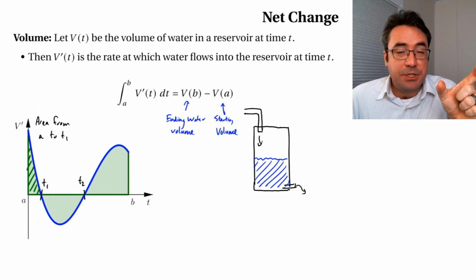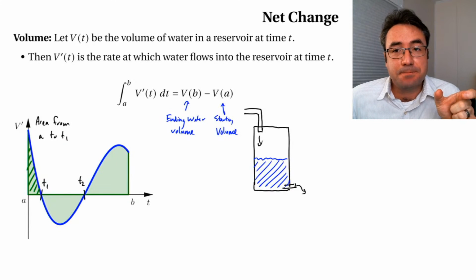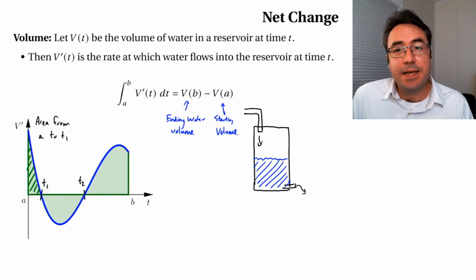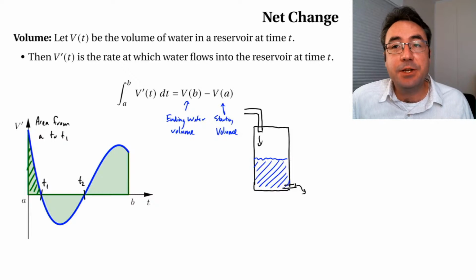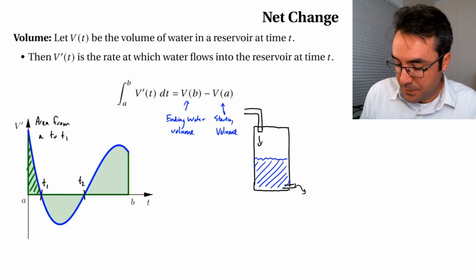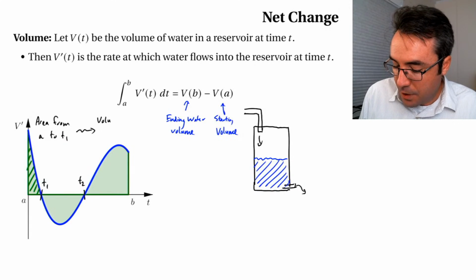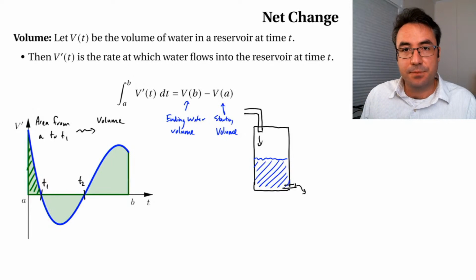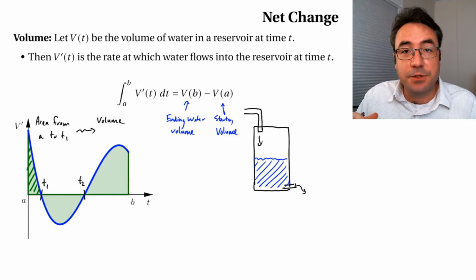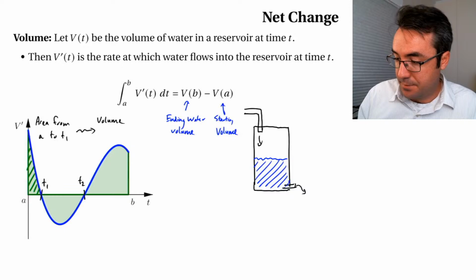Well, that region's above the horizontal axis. And what that would represent is the volume that's flowing into our reservoir during that time interval. So the way we would interpret this is that the overall effect of what's happening to our system is that the volume of our reservoir is going up during that time.